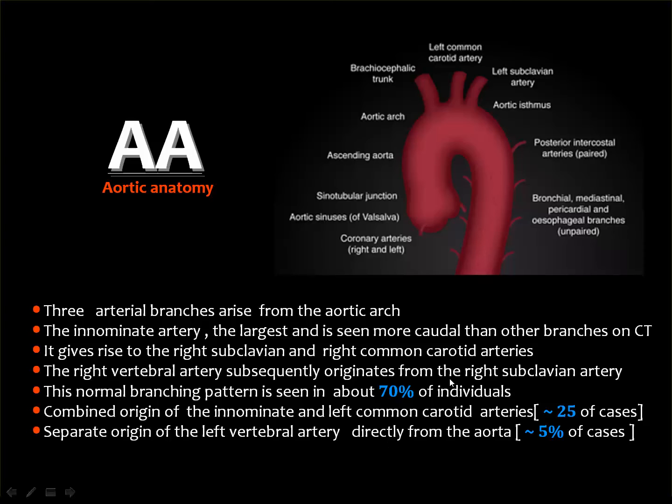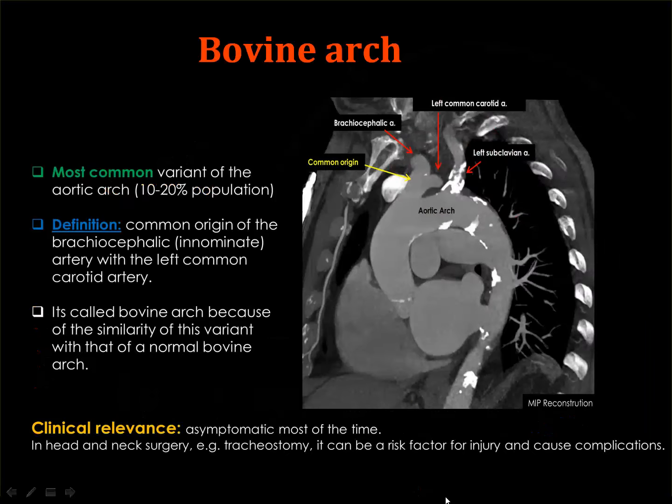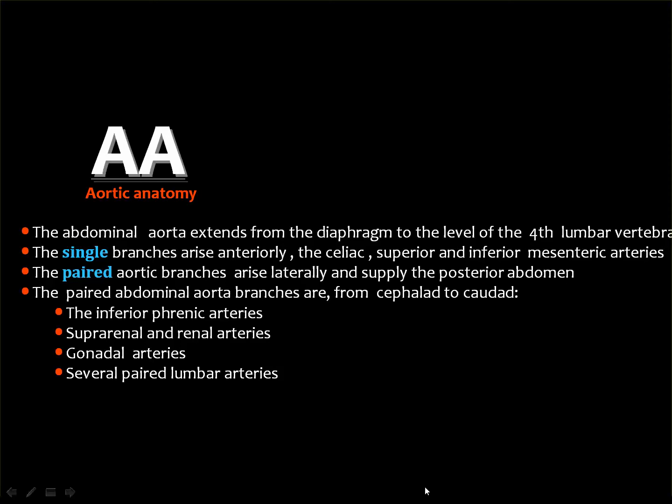Sometimes the left vertebral artery originates separately directly from the aorta, not from the left subclavian artery, and this is seen in about 5% of the cases. The bovine arch means that the innominate and the left common carotid artery originate by a common trunk directly from the aorta itself, and this is seen in some animals.